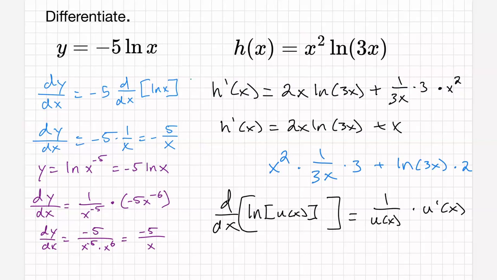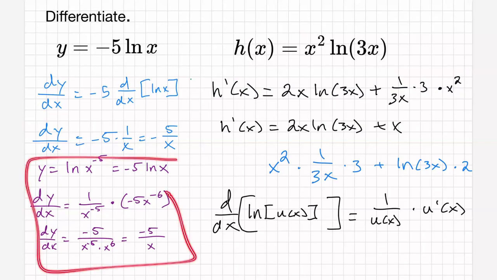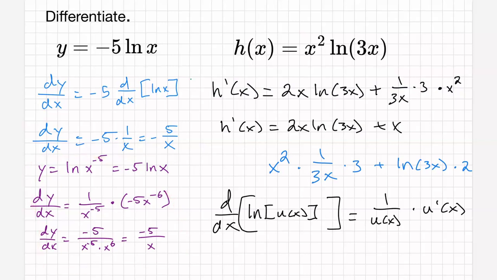And what I hope you saw here by me doing this one from a different perspective, we got the same result, right? So it's definitely something that we could show works.